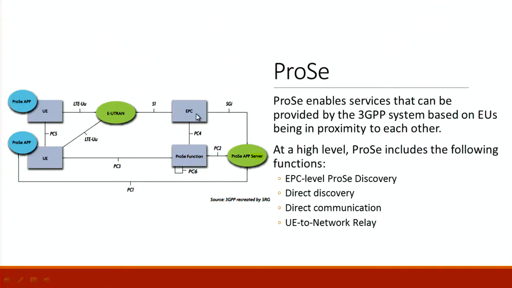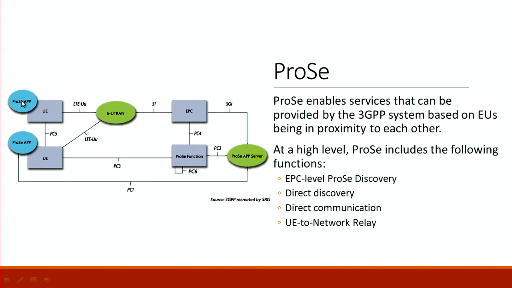Existing blocks: EPC, UTRAN, user equipment. Now we have a new interface between user equipments that allows direct communication. We have applications that provide the services for which D2D is deployed.